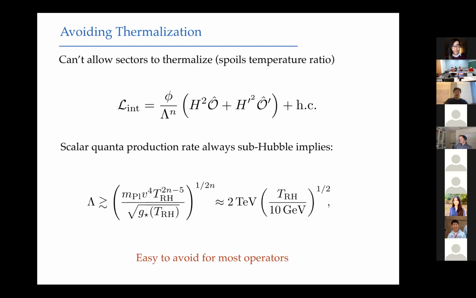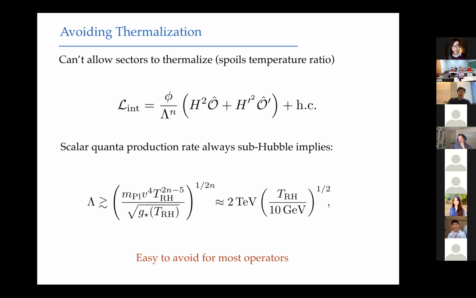So lambda can be of modest size, make it a few TeV, make the reheat temperature something like 10 GeV, and we're all right. I should mention that we don't want the reheat temperature to go above the electroweak scale in either sector, because that would spoil the branching fractions of this field.